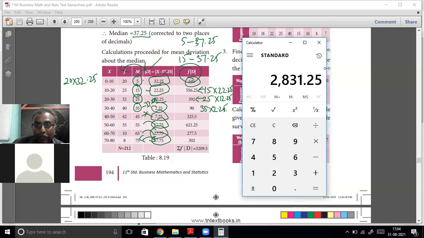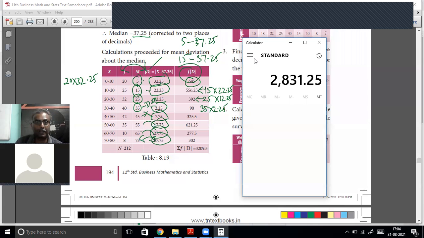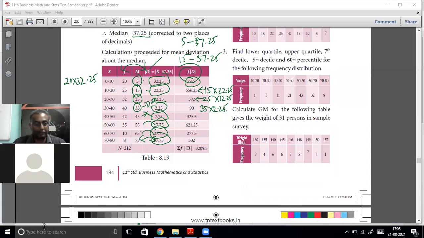Sorry, we should not multiply that. How to go back here? This stupid calculator. Uncle, tell me, I have a calculator. Uncle, if you should not multiply, then what? No, I should multiply, not M into D, but F into D. It's the stupidest calculator I have ever seen.